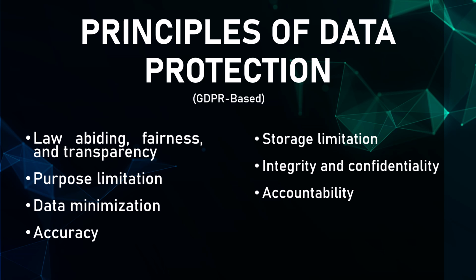And then the second one is purpose limitation. This is to limit the purpose for collecting the data. You find that an organization X collects data about a particular subject for the purpose of processing their order or a request.